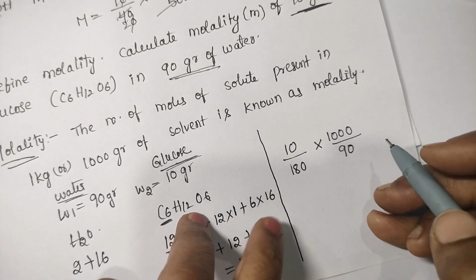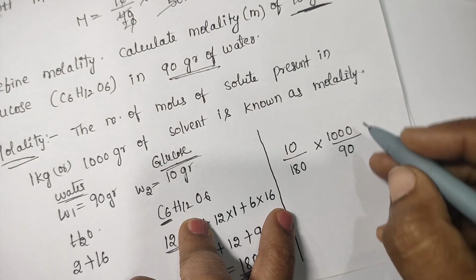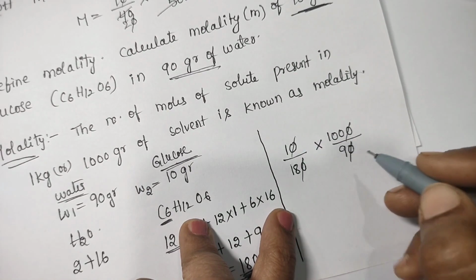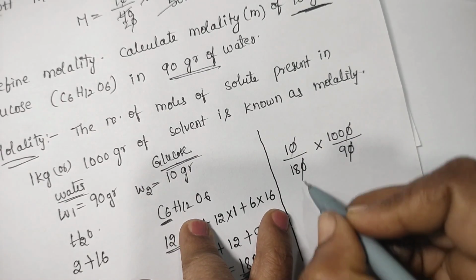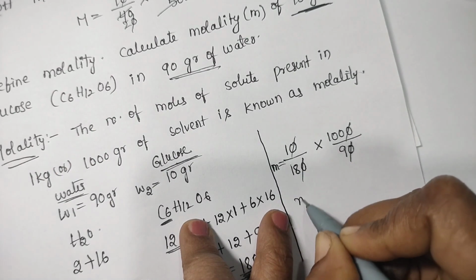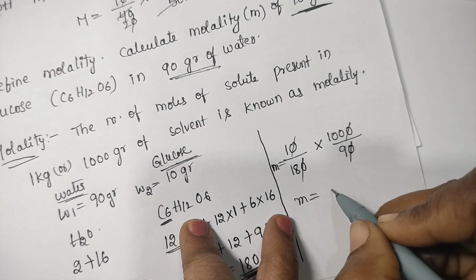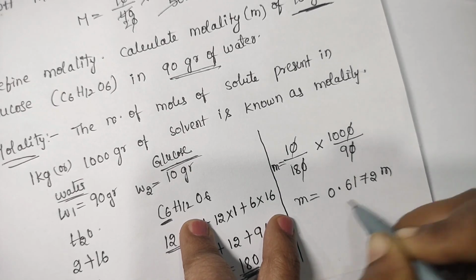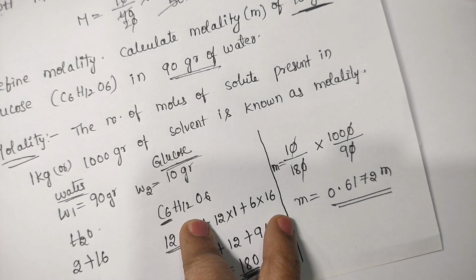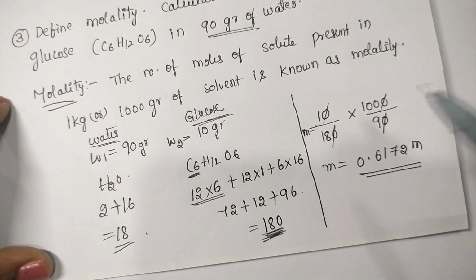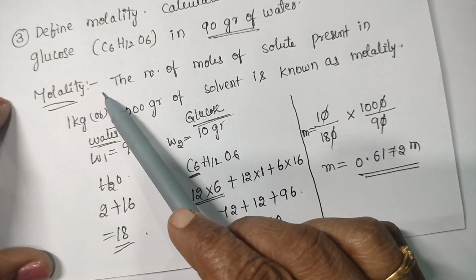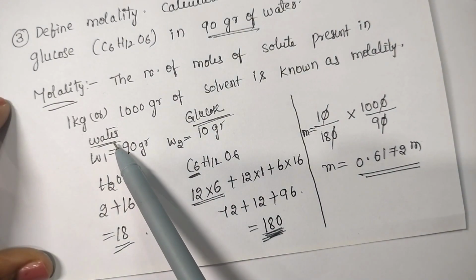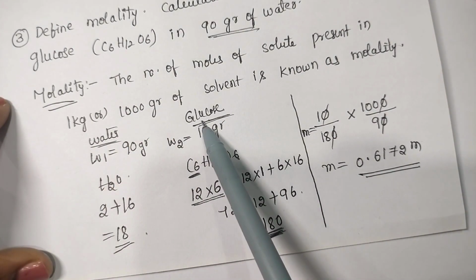So now solve this problem here. 0 cancels out, 0 cancels out. Now if we solve this, we get the answer 0.6172 m. This is the answer. So first define molality. Now one side water, one side glucose.